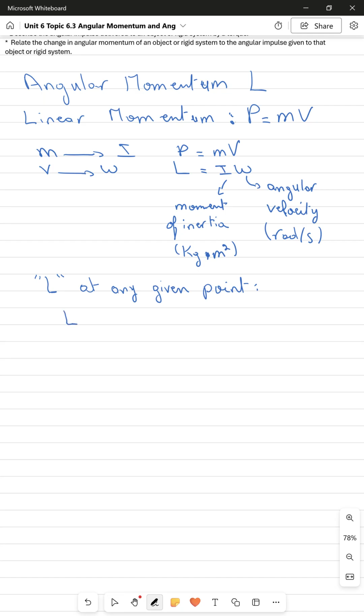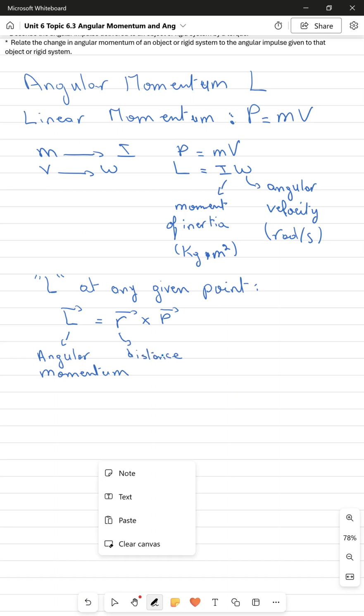In that case, L, the angular momentum, which is a vector, is equal to R cross P. R is the distance or the position vector, usually in meters, and P is the momentum in kilogram meters per second.